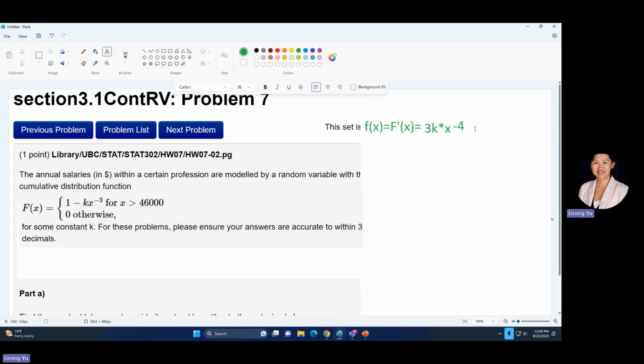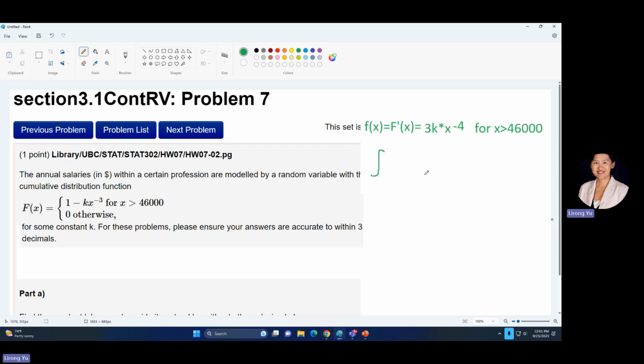All right, this only works for x higher than 46,000 and 0 elsewhere. According to our definition, the integration of this function will equal 1.